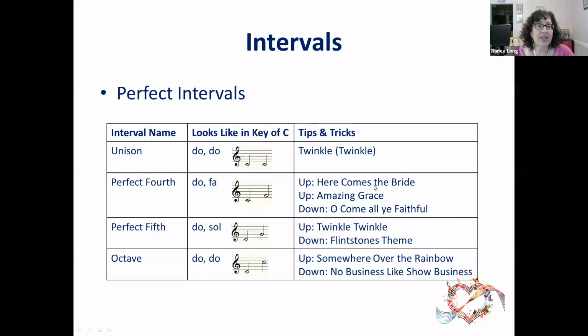The other thing that I do sometimes, if it's in the middle of music, it's hard to think Here Comes the Bride in the middle of a phrase. I will think da da da da, those notes in between. It just helps me to get there.